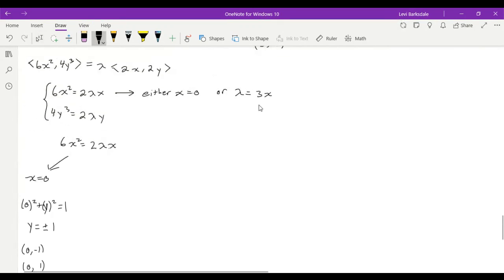Our other option is saying, maybe lambda is equal to 3x. In that case, we plug our lambda into our second equation, and we get that 4y cubed is equal to 2 times 3x times y, and that gives us 6xy.